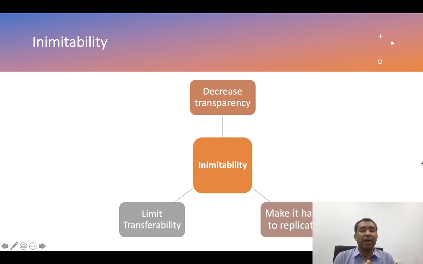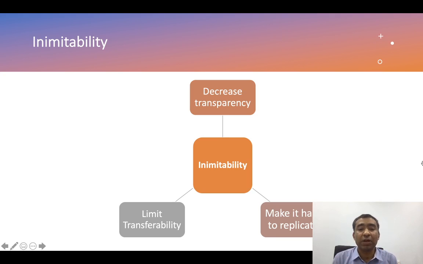Now, as I mentioned earlier, we have to reduce the imitability of your product or services, or the core competencies. That is called inimitability, which means that the product or core competencies your organization has cannot be easily replicated by people.